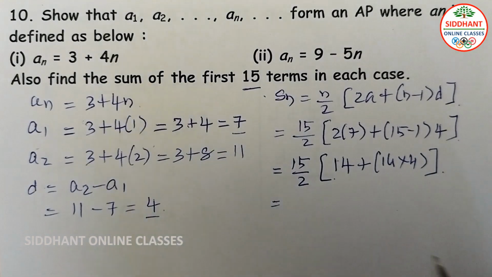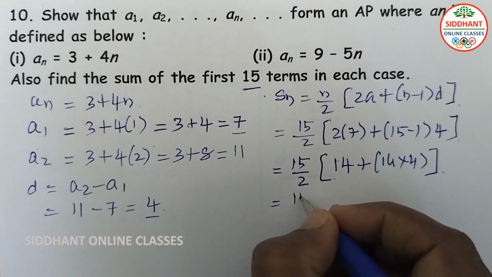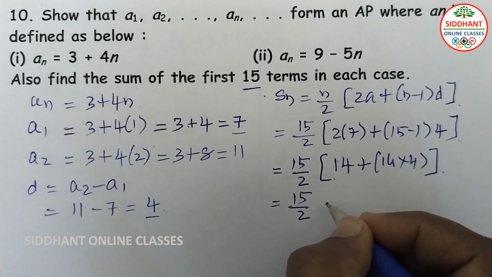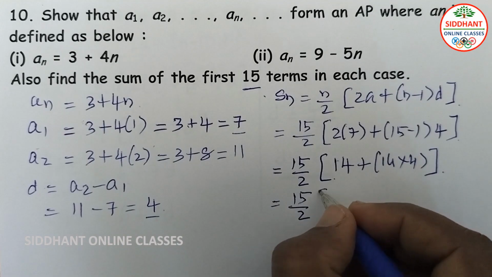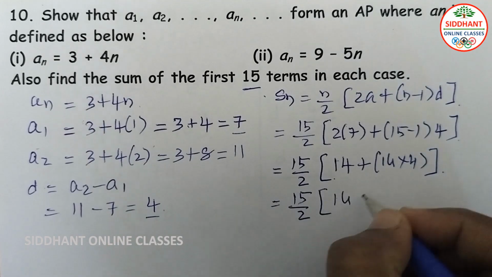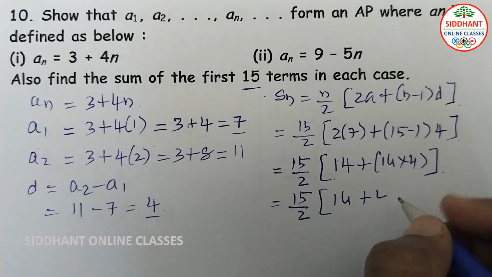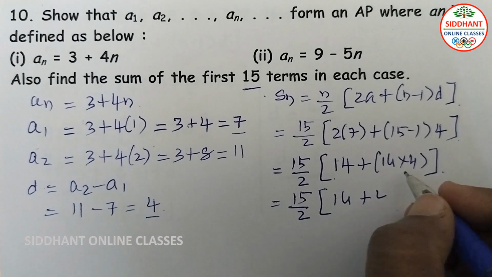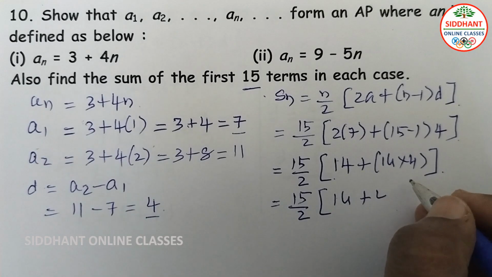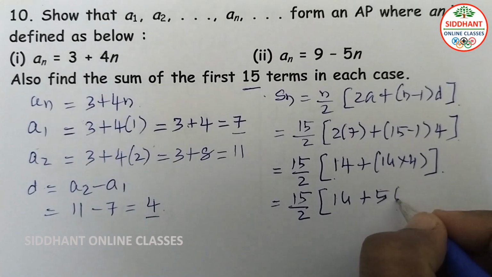So that equals 15 by 2 into (14 plus 14 into 4, which is 56).